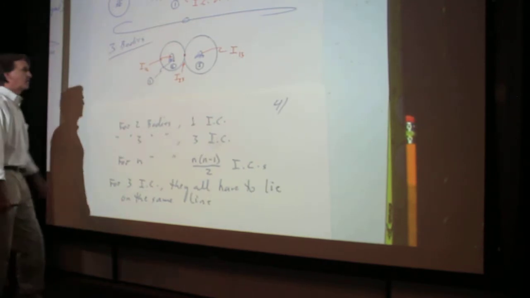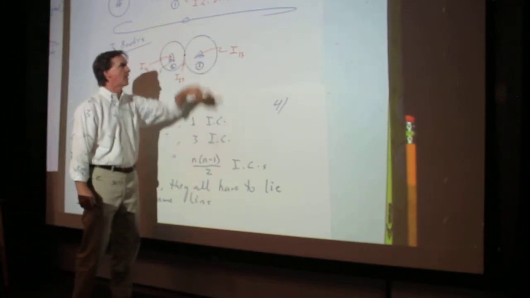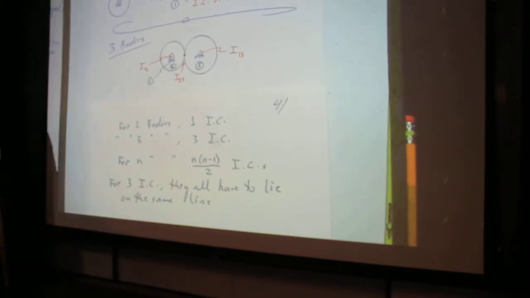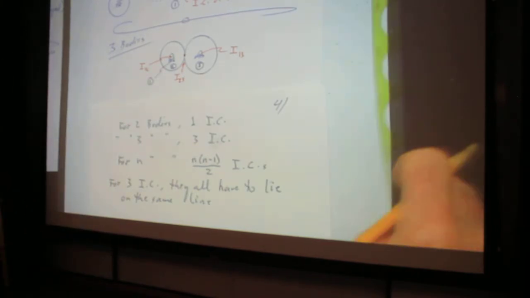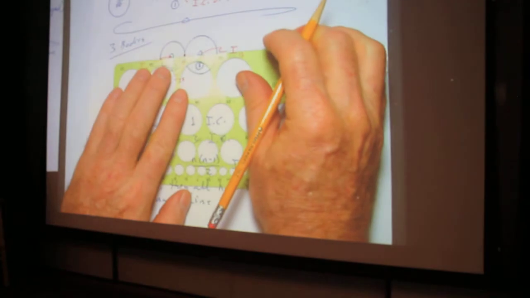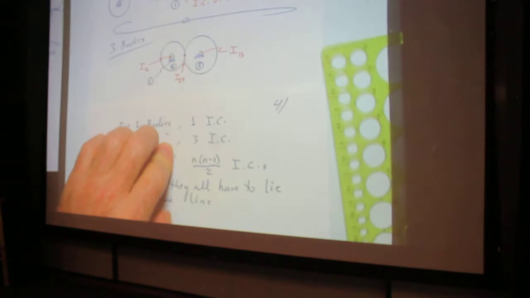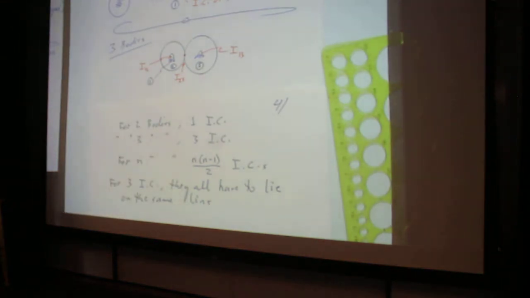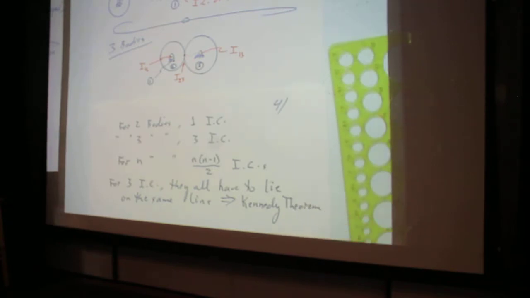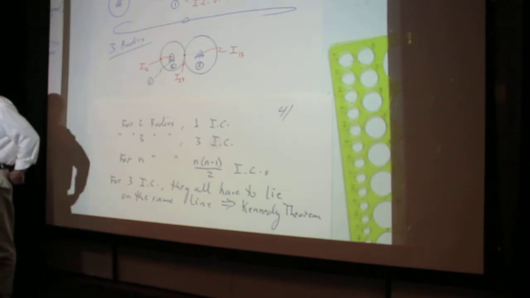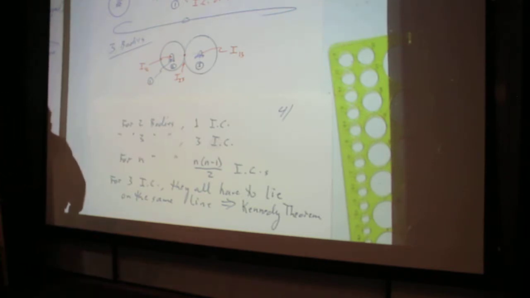So on this here, we have I12, I23, I13, and it's not a coincidence that all these instance centers lie on the same line here. Okay? And that is the basis of this thing called Kennedy's theorem. Alright, so this guy Kennedy, I guess, observed that and came up with that equation.